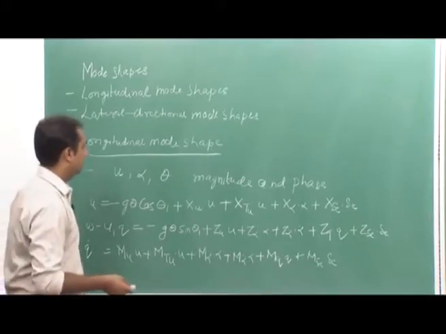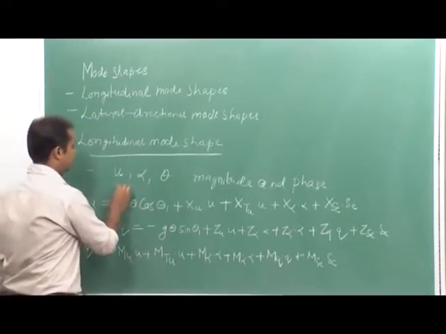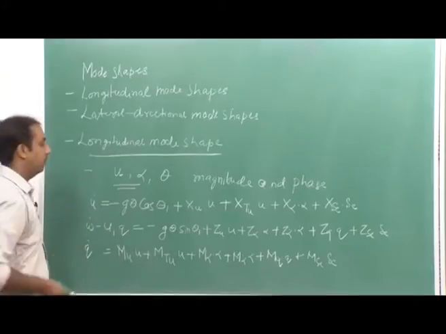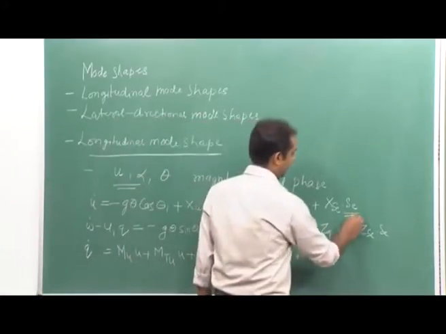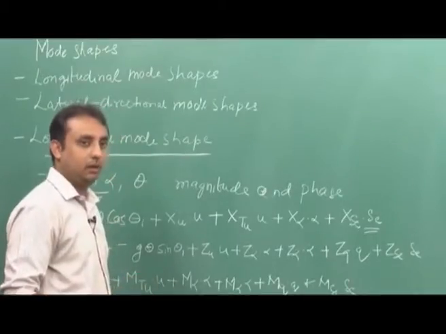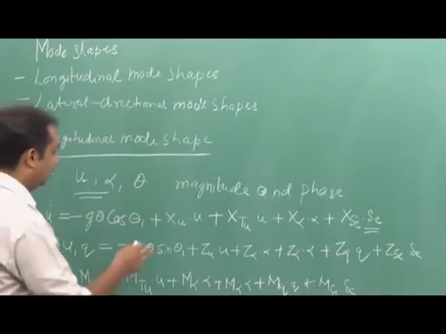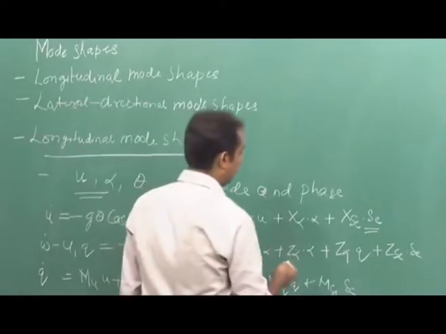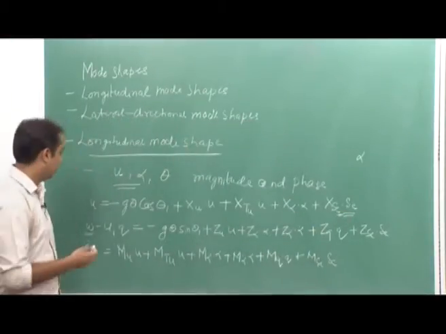Now, to derive the relationship between these longitudinal variables, you have to neglect the elevator inputs as well as any disturbance or gust. So, let us neglect the term due to delta E and make a suitable substitution in these equations.